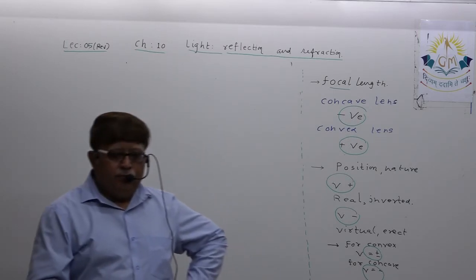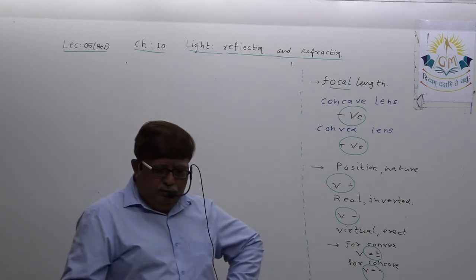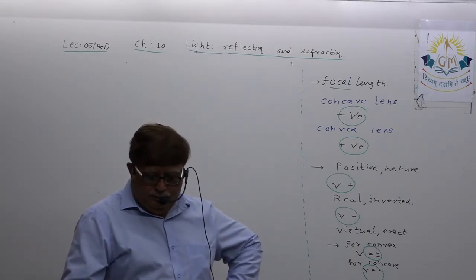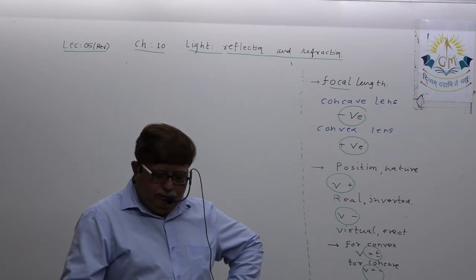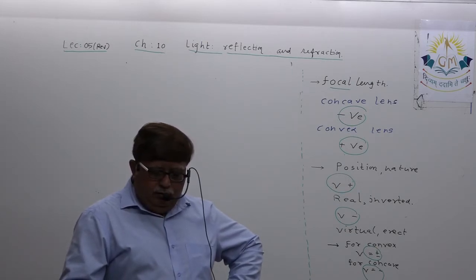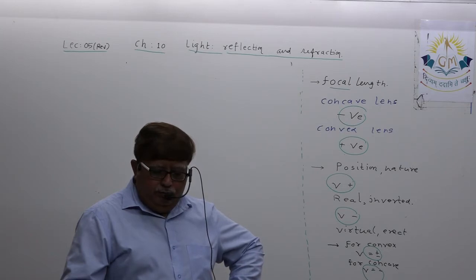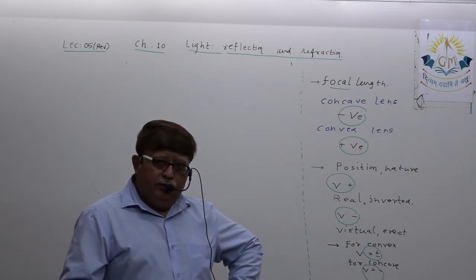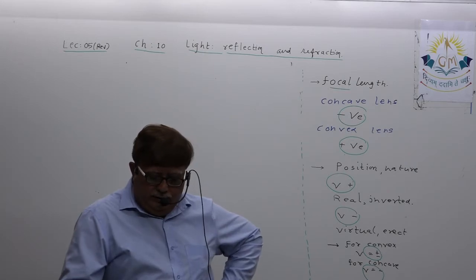That concept must be very, very clear in your mind. Power of convex lens is plus 4.0 dioptre. You know that.